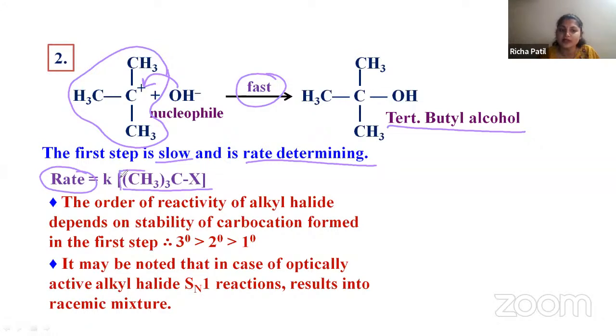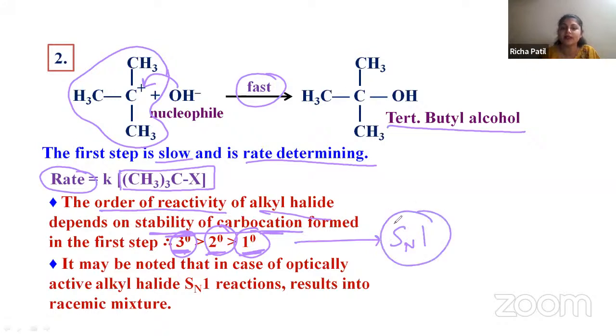The order of reactivity of alkyl halides depends upon the stability of the carbocation. Tertiary carbocations are more stable than secondary, and then primary, in the SN1 mechanism. Remember this stability.